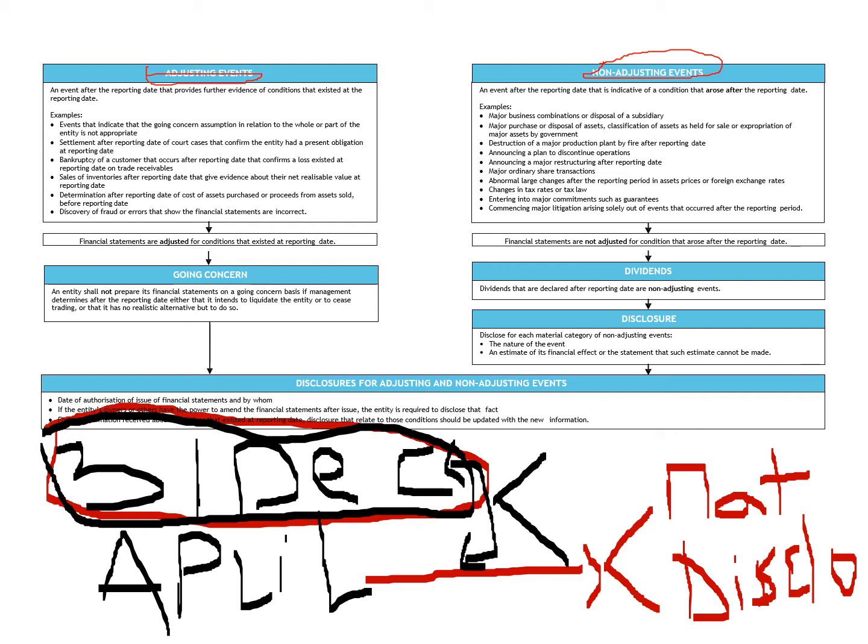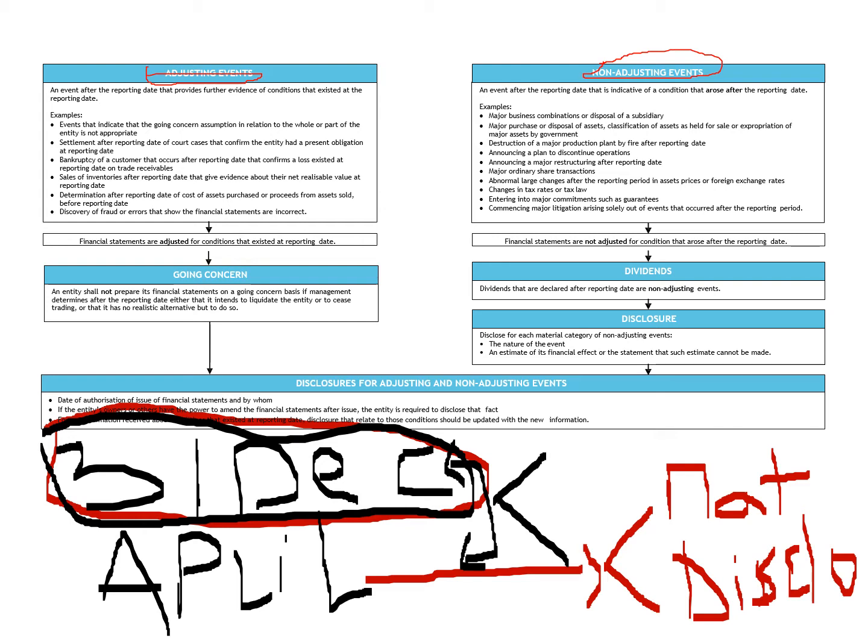So as per IAS 10, this sudden event cannot be related to 2019. The event by itself happened in 2020. And for this same reason, I don't go back and adjust for the provisions as of 31 December 2019. I don't book a provision on this client.